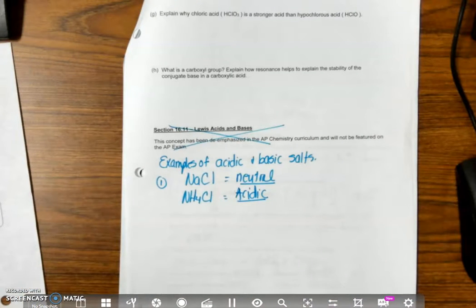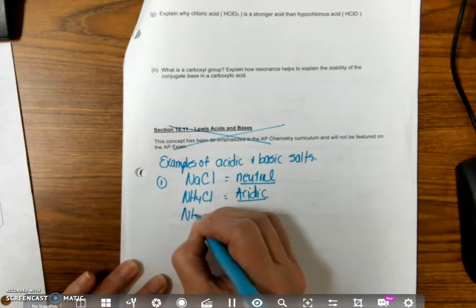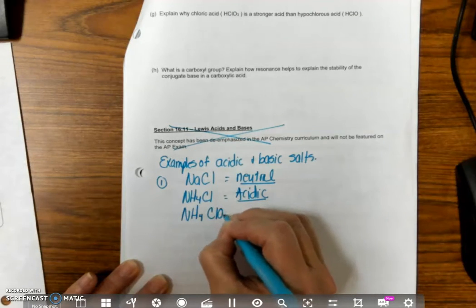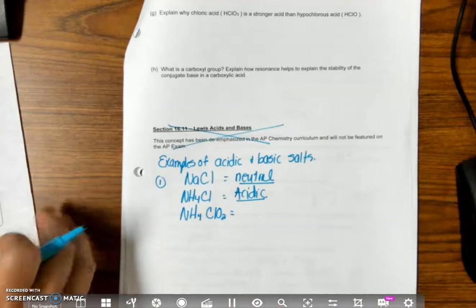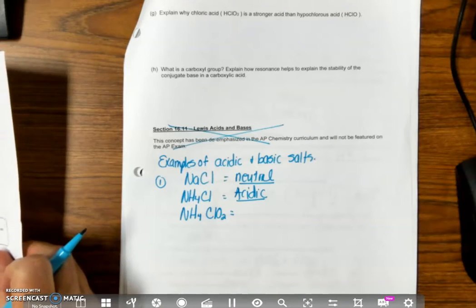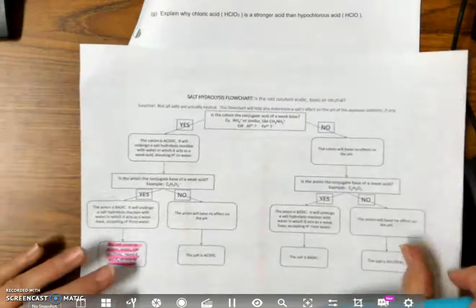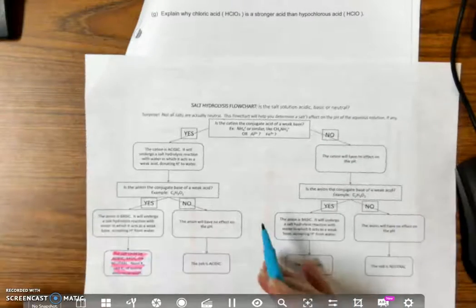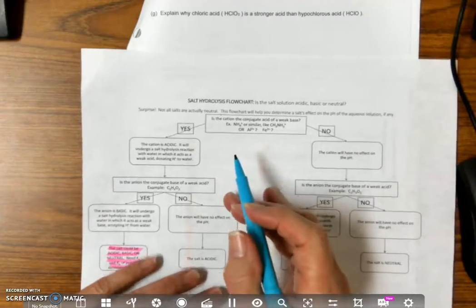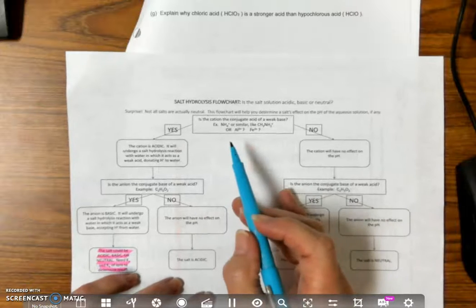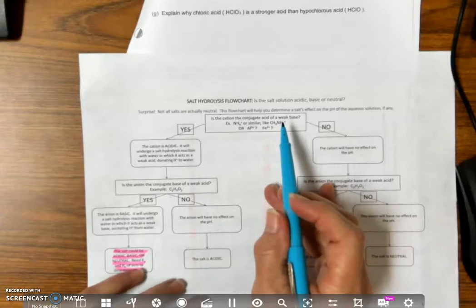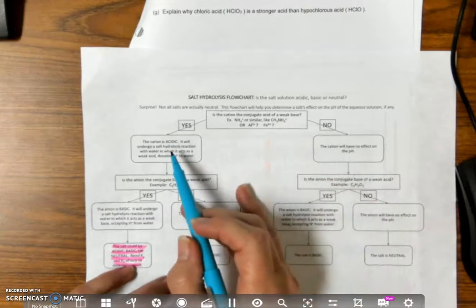Let's do another one. Let's do a more complicated one. All right. So now we've got ammonium, or NH4, ClO2. Now, the cation is the conjugate acid of a weak base. So yes, we're over here.